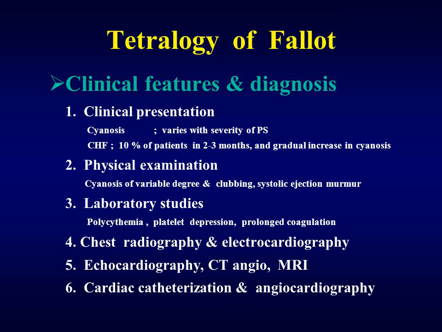Tetralogy of Fallot, clinical features and diagnosis. 1. Clinical presentation: cyanosis varies with severity of PS. CHF in 10% of patients at 2 to 3 months, and gradual increase in cyanosis. 2. Physical examination: cyanosis of variable degree and clubbing, systolic ejection murmur. 3.